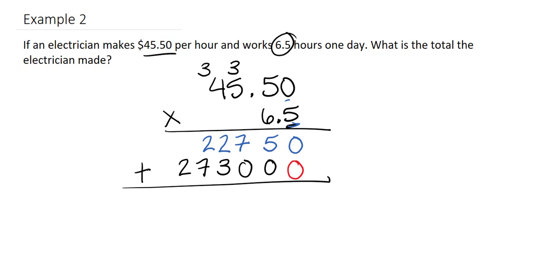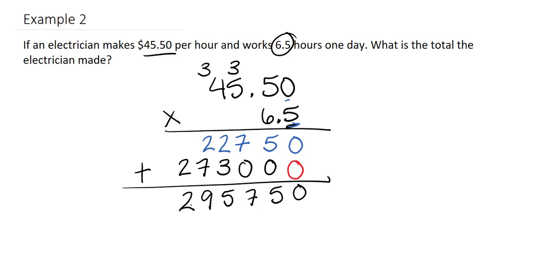Now we can go ahead and add our numbers together. 0 plus 0, 0. 5 plus 0 is 5. 7 plus 0 is 7. 2 plus 3 is 5. 2 plus 7 is 9. And then we have 2.